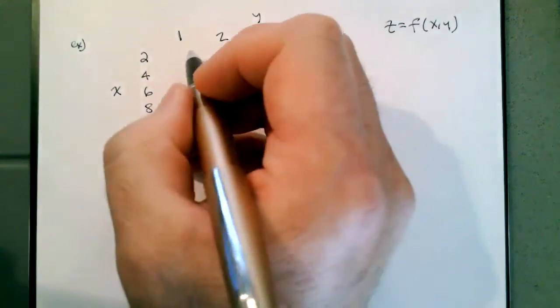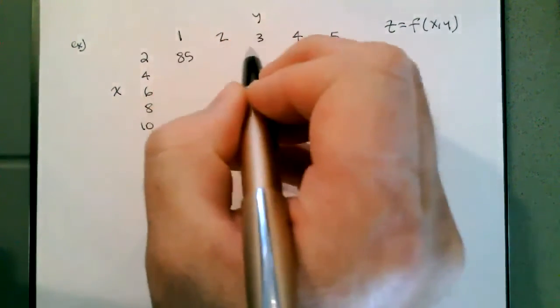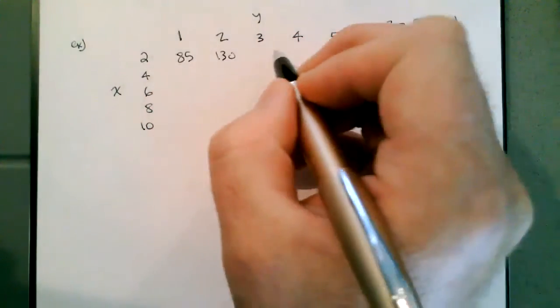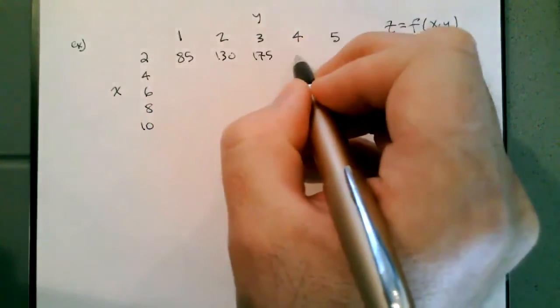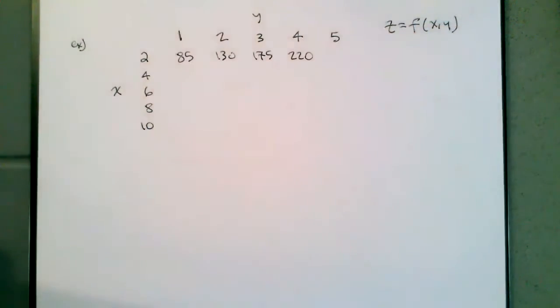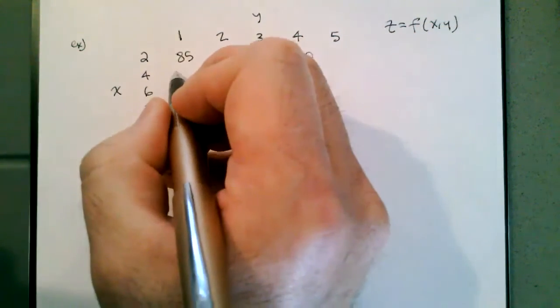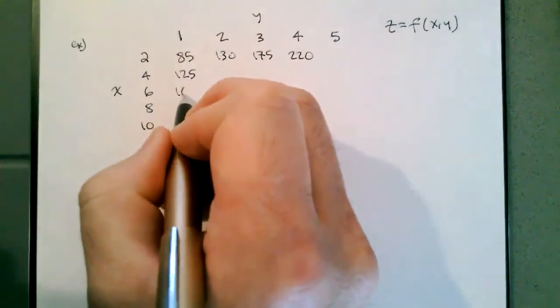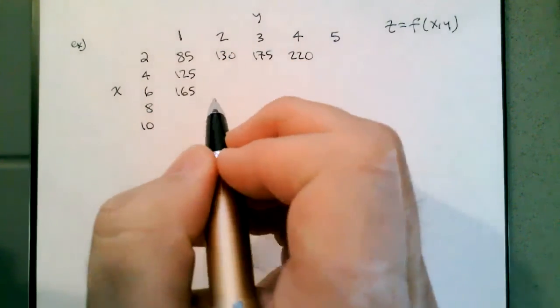So let's say we got 85, and then 130, and then next would be 175, and then 220. And let's go down the table this way. After 85, going down, we have 125, and then 165, and then 205.